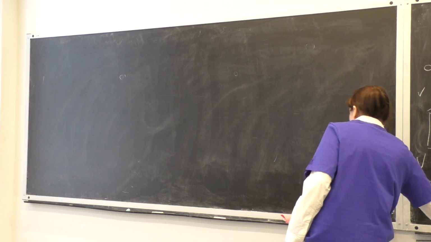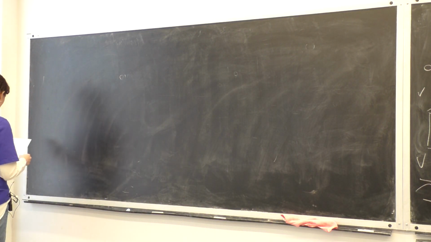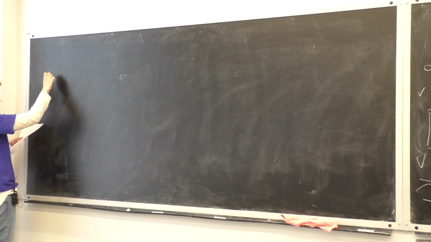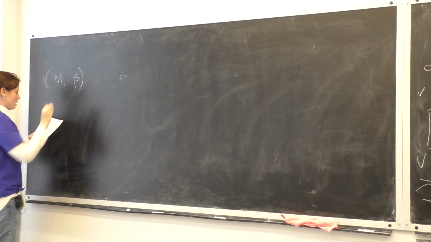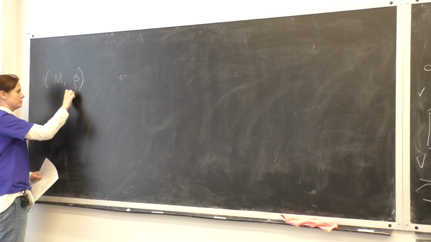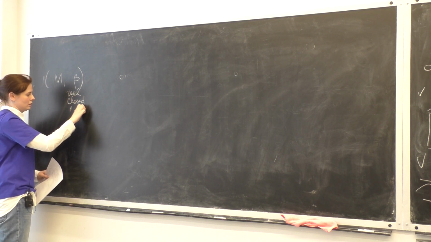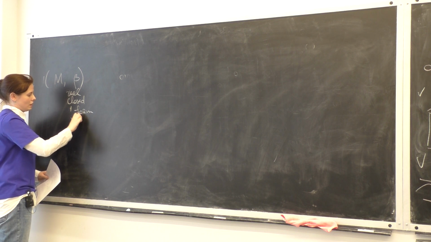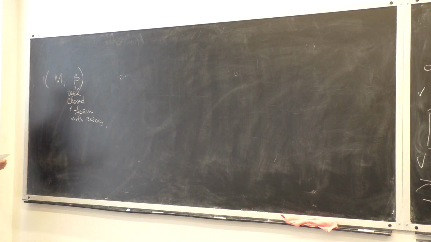So, measured foliations on a surface. Imagine that you have a smooth surface, and you have some real closed one-form with zeros. What does it mean that we have a measured foliation defined by this one-form?